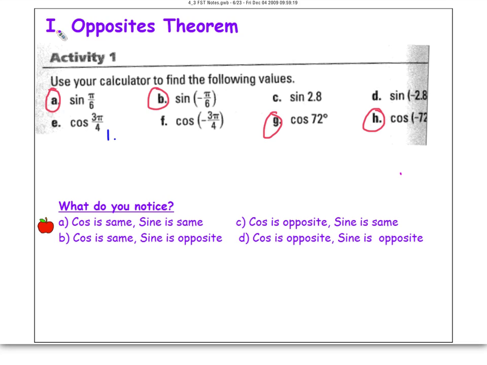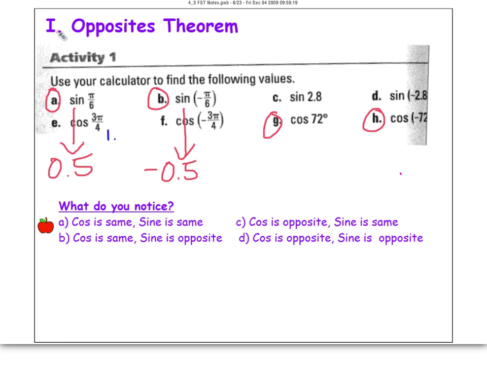things that are opposites? Well, if you put this in your calculator, what you're going to find is that the sine of pi over 6 is equal to 0.5. The sine of negative pi over 6 is negative 0.5.